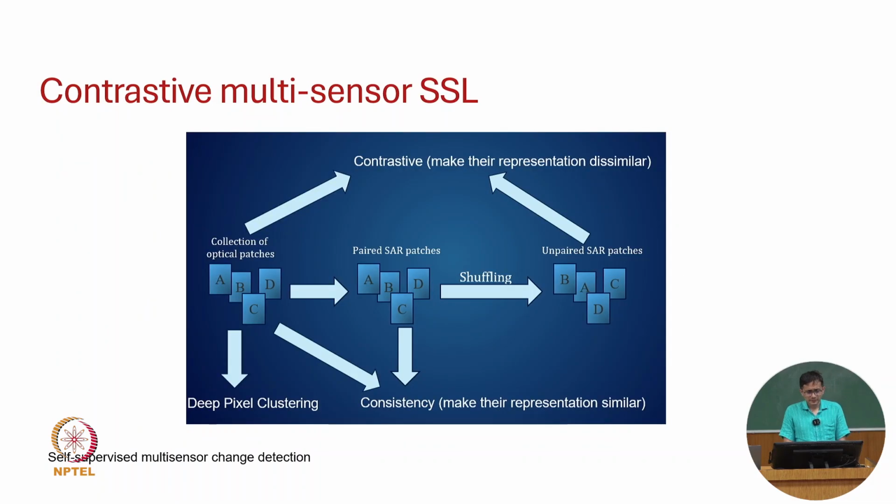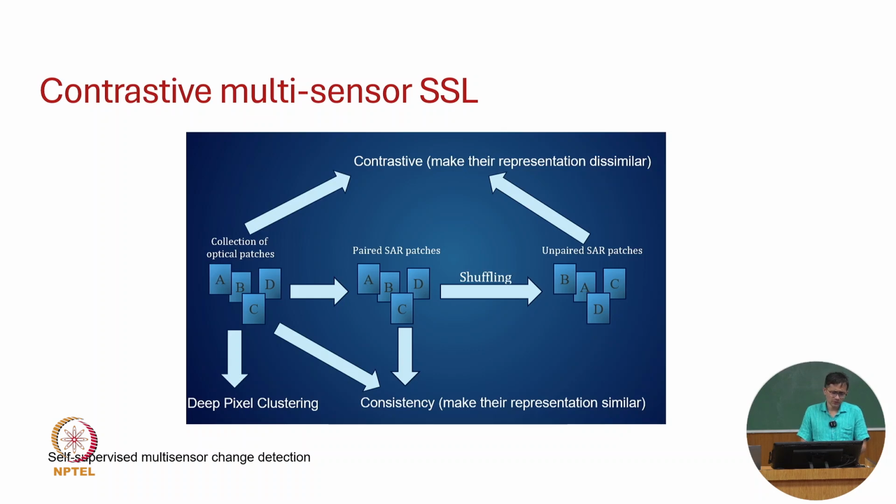So at this point, I would like to quickly touch upon this contrastive multi-sensor self-supervised learning approach from the paper that has been cited below. So this particular work, the idea is to bring the optical and the SAR patches in a similar feature domain.